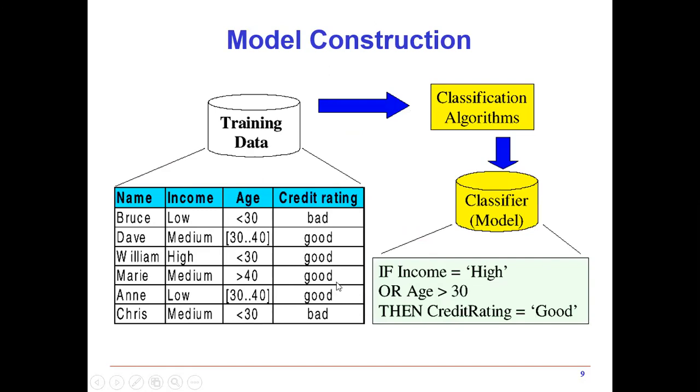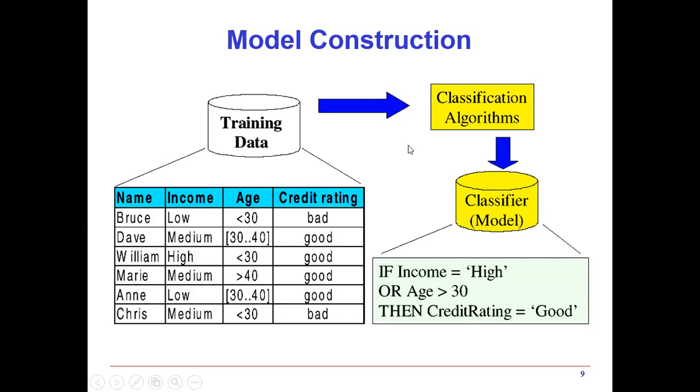So the bad or good credit rating will depend upon these three features. Name, income, and age form the feature space, and each and every row will act as a small x value. We have to find the relevant class label, and that will be either bad or good.